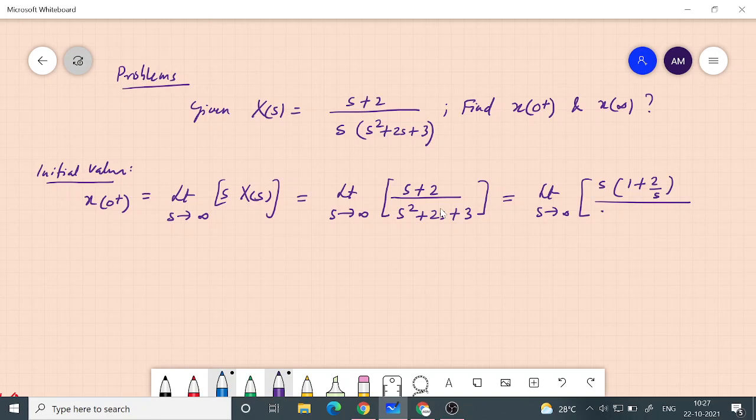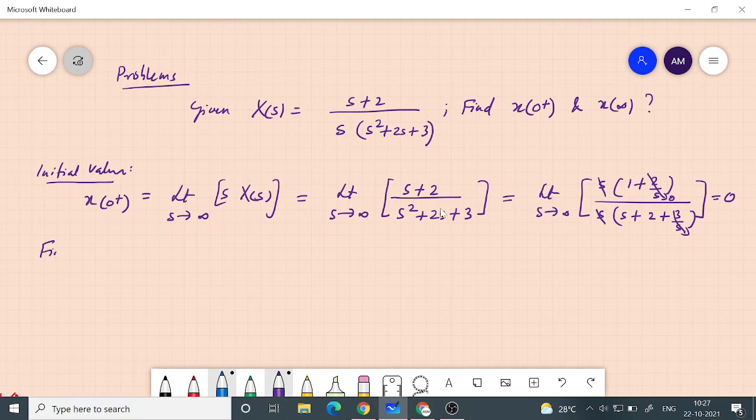And then here also, if I take s outside, that will be s into (s plus 2 by s plus 3 by s). So this s will cancel. Now if I put s equal to infinity, you see that this goes to 0, this goes to 0, this is a constant, so this is basically ultimately 1 by s plus 2, and in the limit s goes to infinity, this is equal to 0.